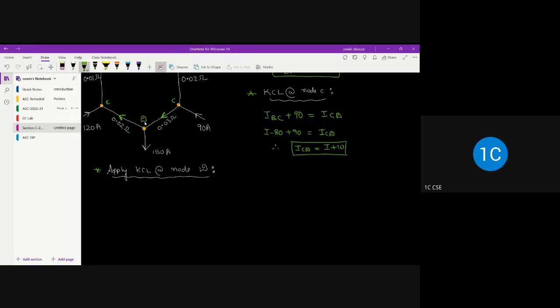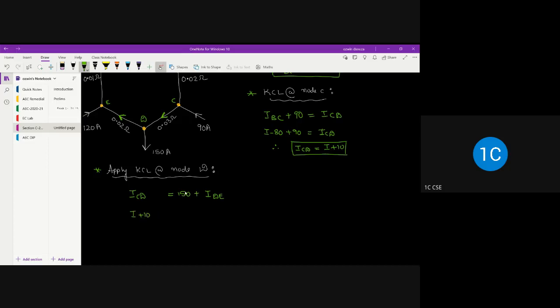Now, when you apply KCL at D, you get something like this. Incoming current is ICD, outgoing current is equal to 150, and the other outgoing current, D to E, is IDE. ICD is known to you, that is I plus 10.